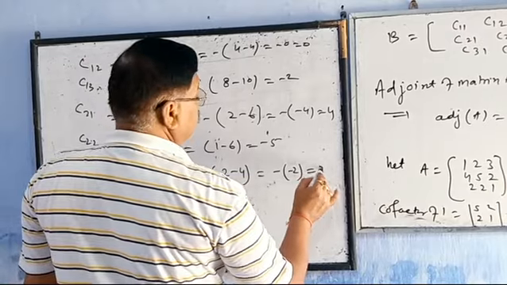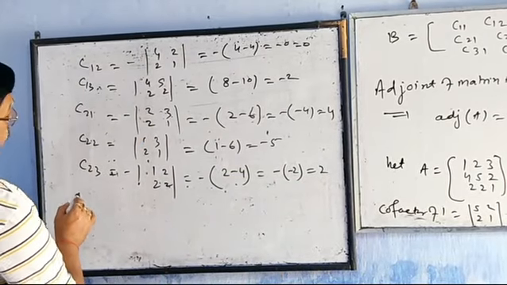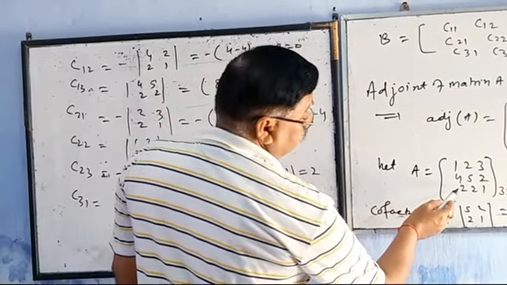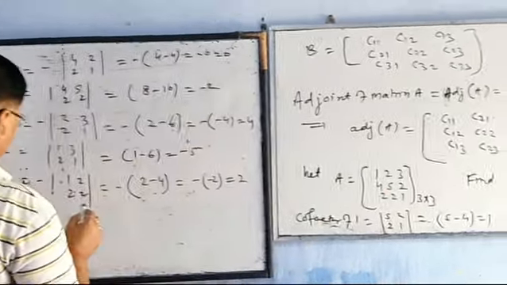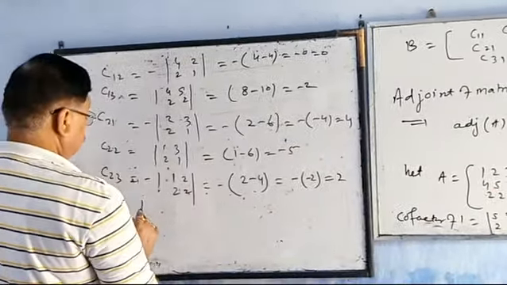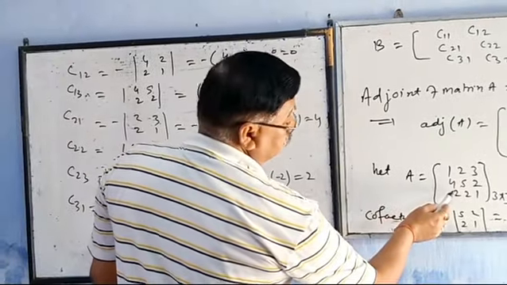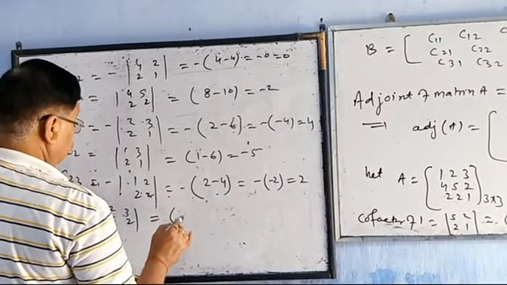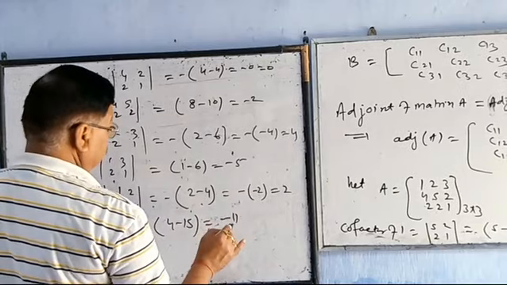C31: deleting this row and column leaves 2, 5, 3, 2, so 4 minus 15, which is minus 11.